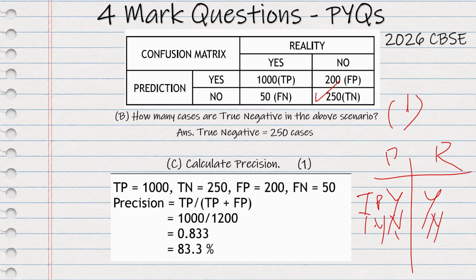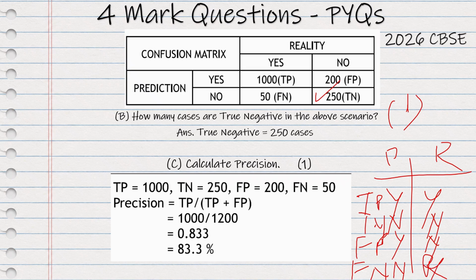If prediction is yes, reality is no, then it will be false positive. And if prediction is no and reality is yes, is the false negative.